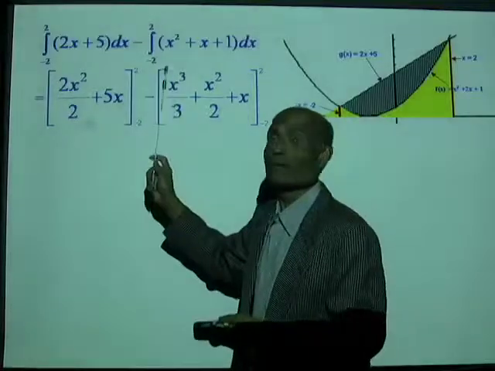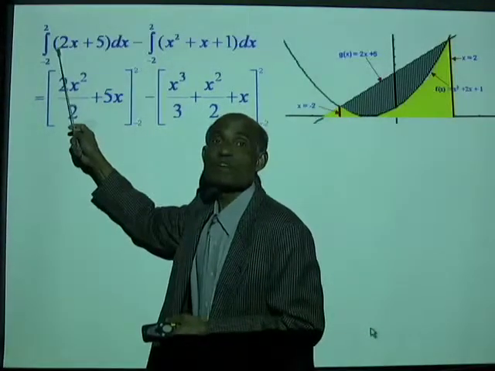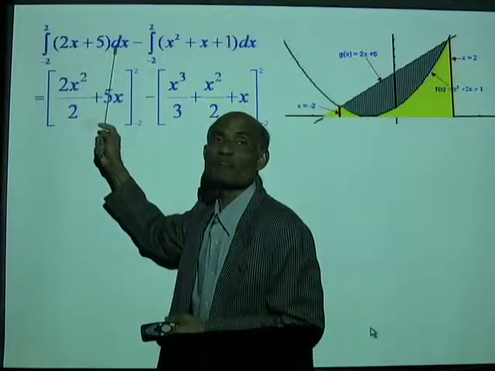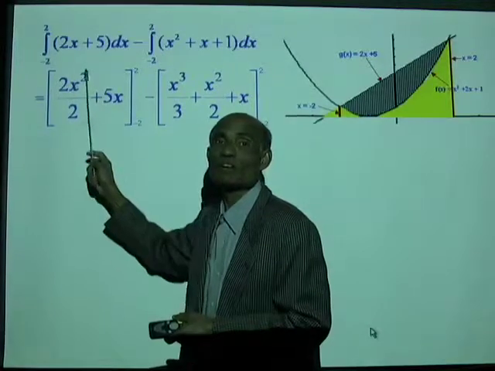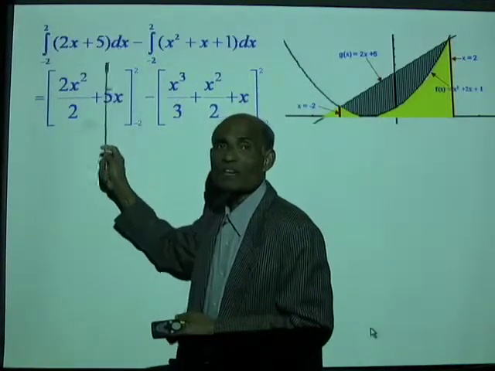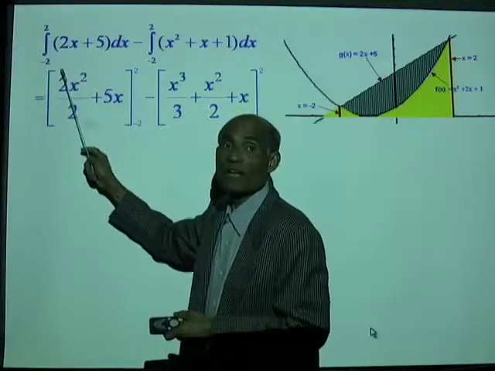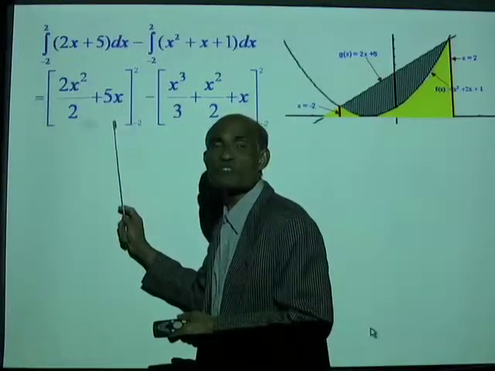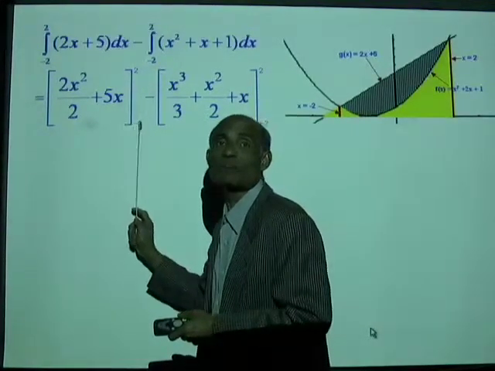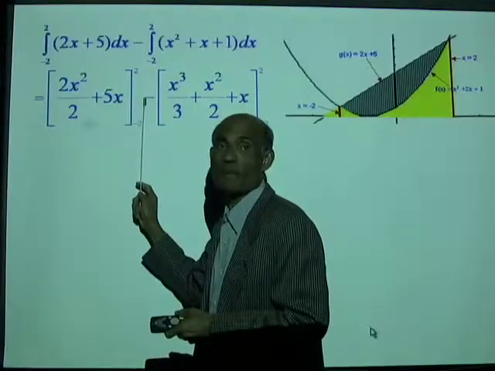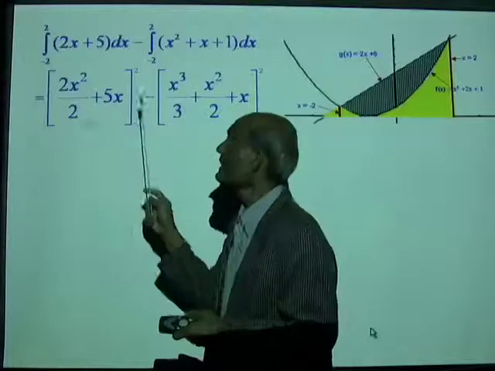Let's work it out. Now, you know how to find these integrals. The integral of 2x with respect to x will be 2 times x squared over 2, plus the integral of 5 dx is 5x. You know how to integrate each term. Now, put this integrated quantity within the limits from -2 to 2, minus, let's integrate the second integral.